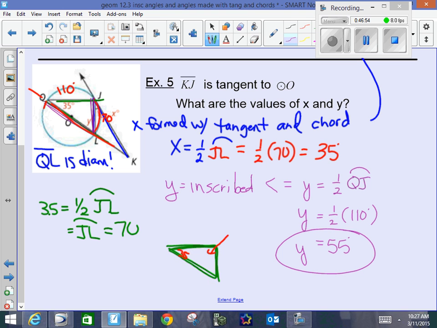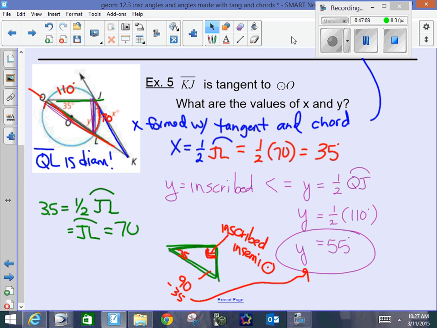Inscribed, good job, Annalisa. Inscribed in a semicircle, so it's a right angle. And then that would just be 90 minus 35, which would also give you 55. So you can do it that way too.